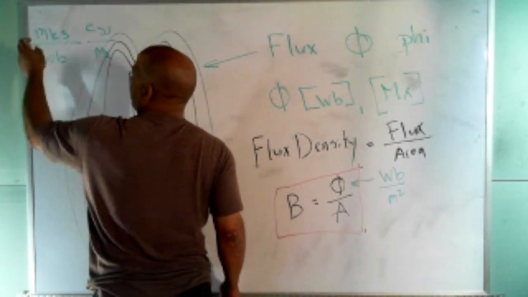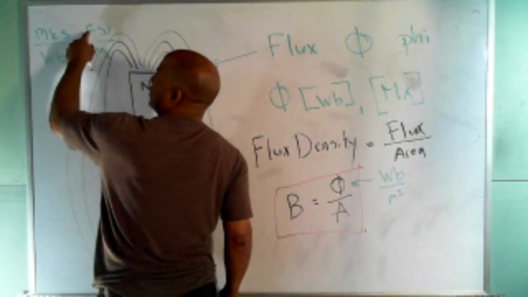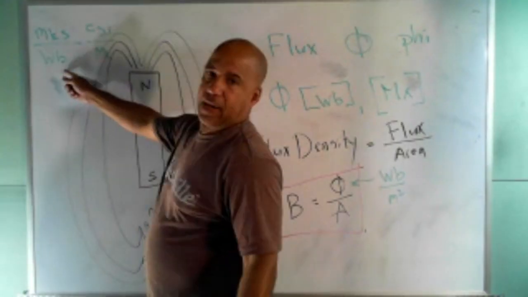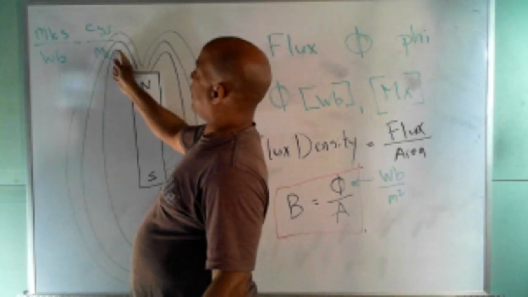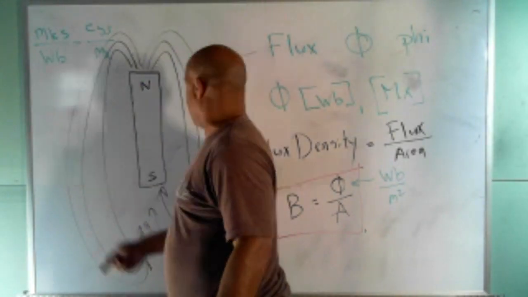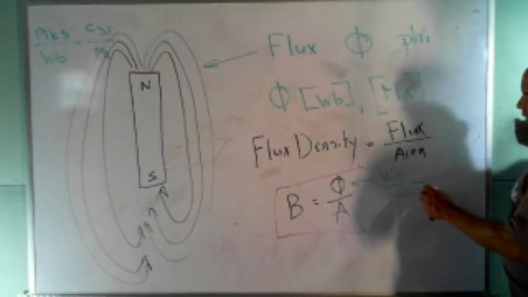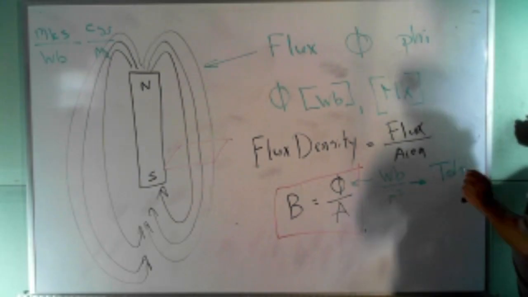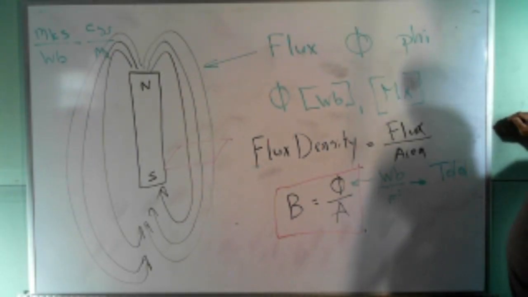This is meter kilogram second, and this is centimeter gram second. So if I'm over here and I want to get area, it's a meter times a meter, whereas over here in the CGS, it's a centimeter times a centimeter. So if I'm using Webers, and this is in meters, then a Weber per meter squared we gave the unit of a Tesla. And you guys know about Tesla, Nikola Tesla.